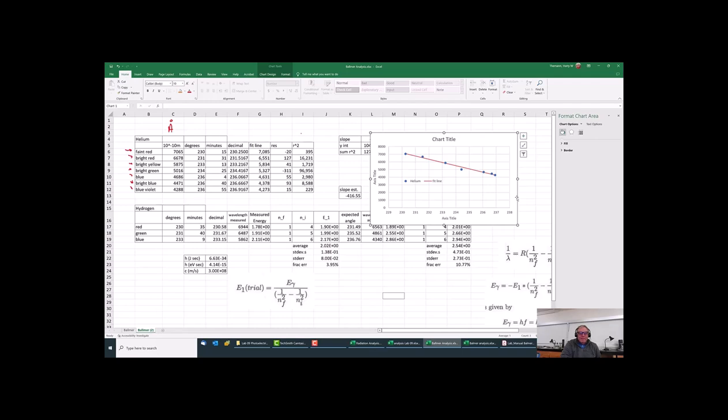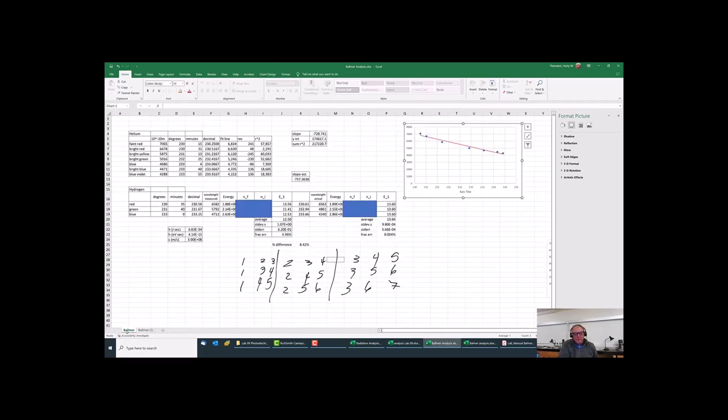Explain that we've set this up so we have this equation here, and we're looking for the E1. We're going to monkey with NF and NI until we get E1 to be the same each time. Since we have multiple measurements of the same thing, we take our standard deviation of the sample and our standard error, and then we can get ourselves a fractional error, and that's used as a basis for comparison.